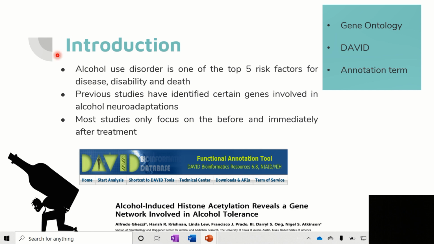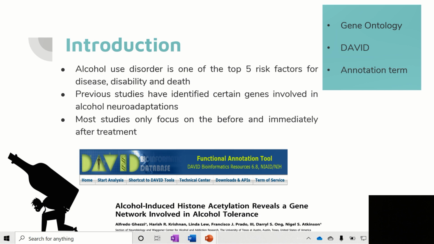Now, focusing on what's written on the slide, alcohol use disorder, or AUD, is one of the top 5 risk factors for disease, disability, and death. Alcohol is a neurodepressant, so it can disrupt the normal activity of the brain, causing it to try and recover its homeostatic function.